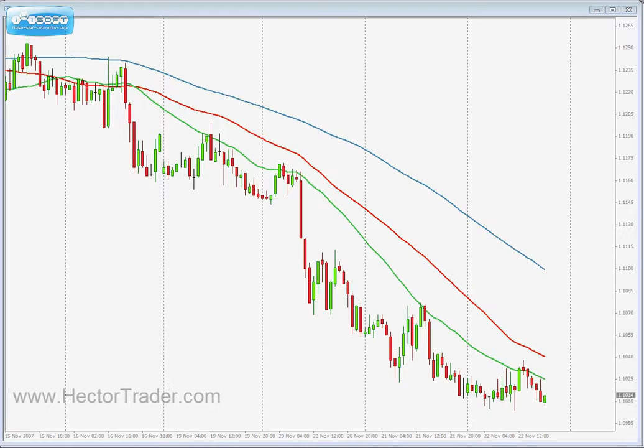The reason why this dynamic area of support and resistance works is because institutional players like to keep an eye on this area, on these retracements, in order to adapt their positions.